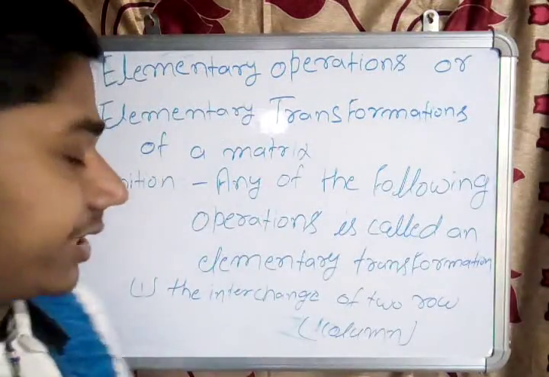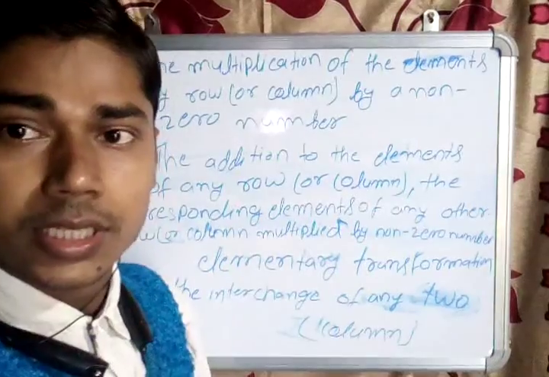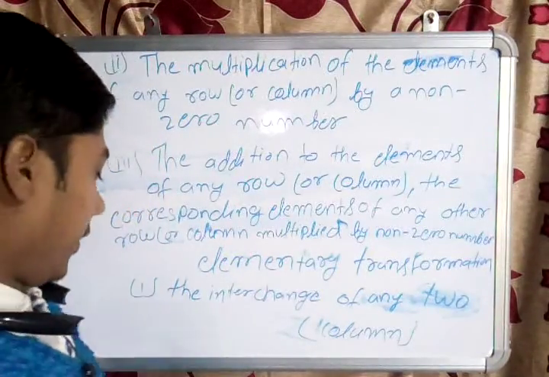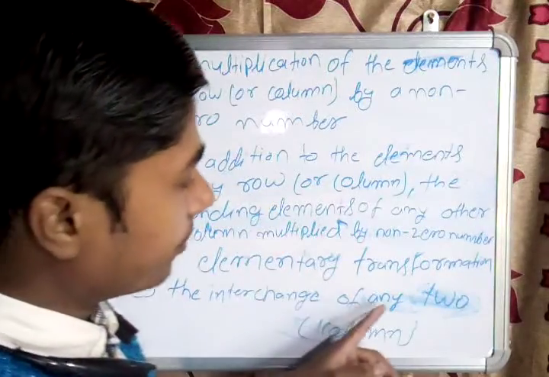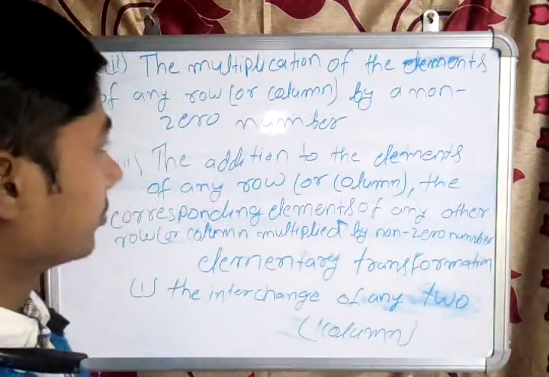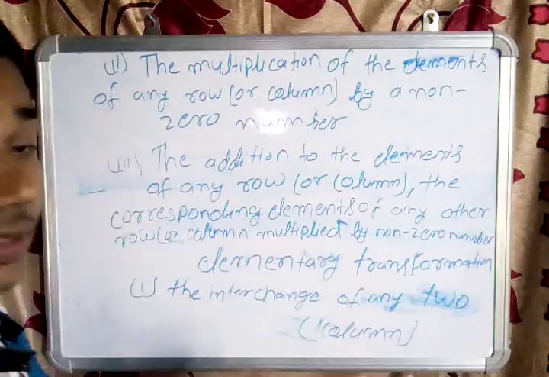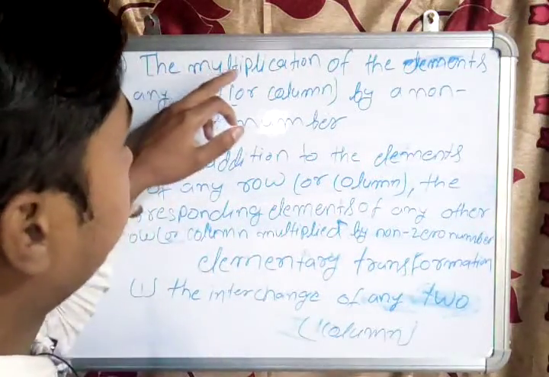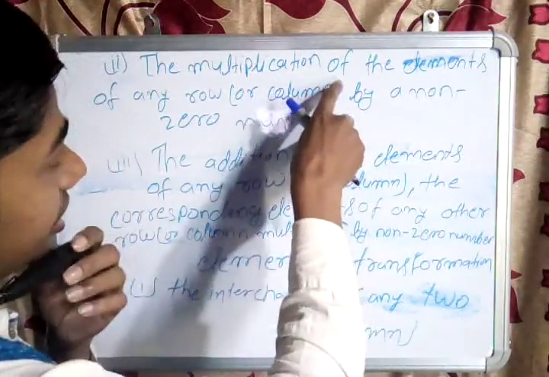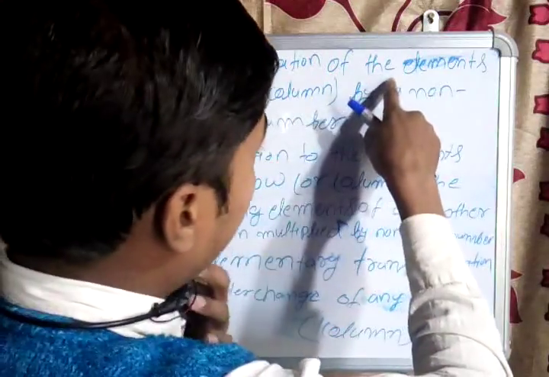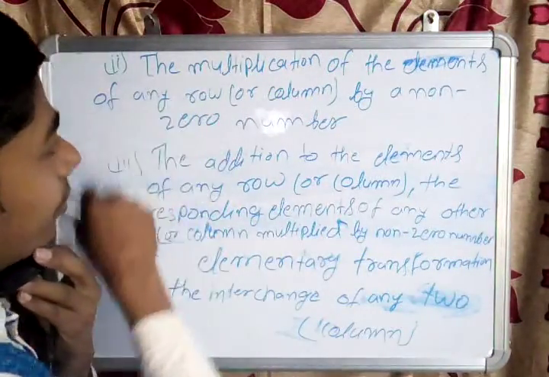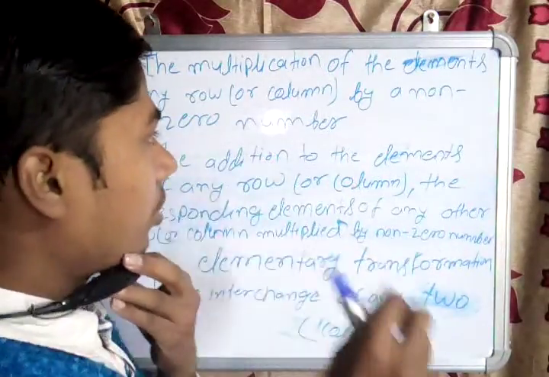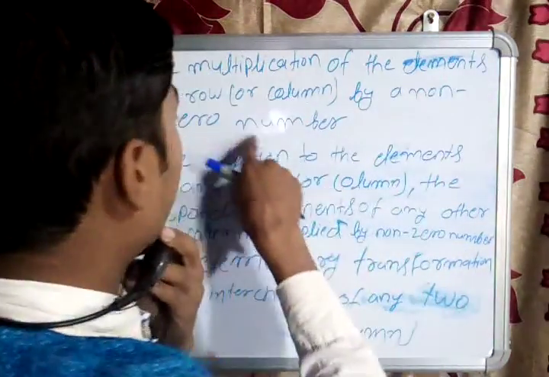And second, the interchange of any two columns. Second condition, the multiplication of the elements of any row or column by a non-zero number.